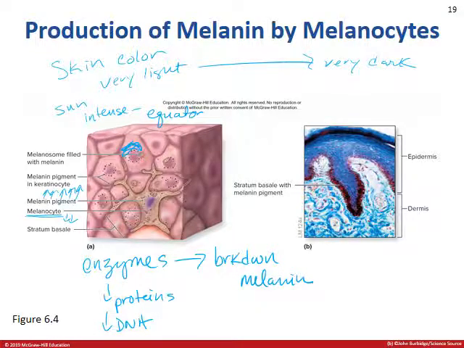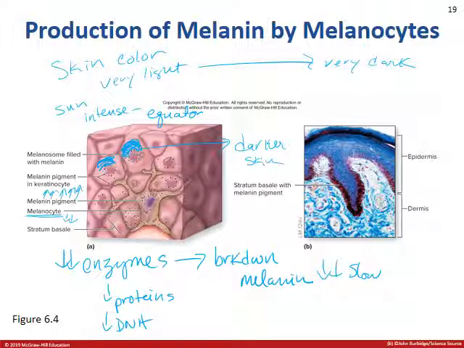You are making more melanin, and your enzymes to break down melanin are really slow. They're not working as well, or they don't break down as much melanin. So you have extra melanin and you're not breaking it down as quickly, you're probably going to have darker skin tone. This is beneficial for you because you live in an area where there's lots of sun.